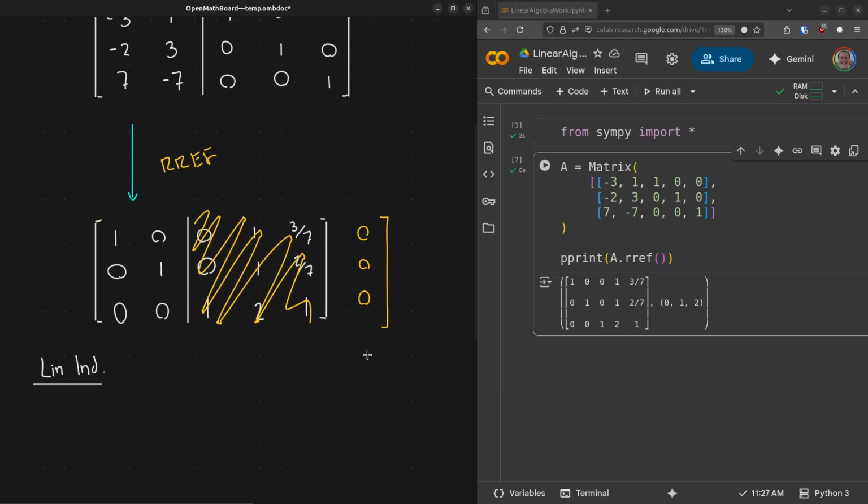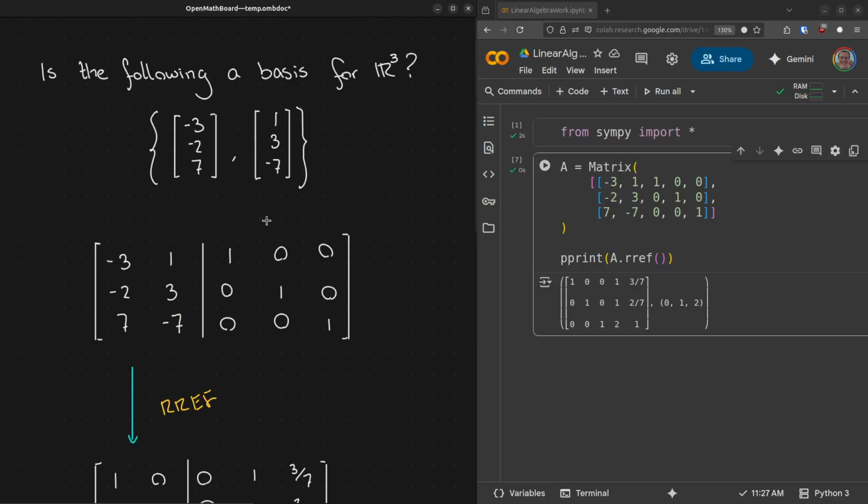In this case, though, that's all I have. I just have the one solution. I don't have any free variables. I have only two non-zero rows, and I have two columns. So I have no free variables. So the vectors are linearly independent. These two vectors are linearly independent.